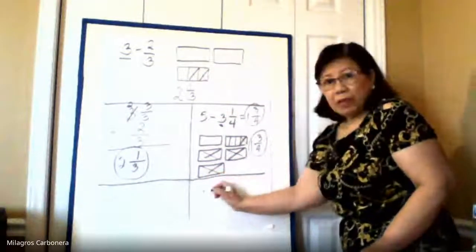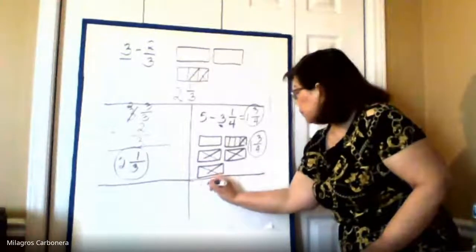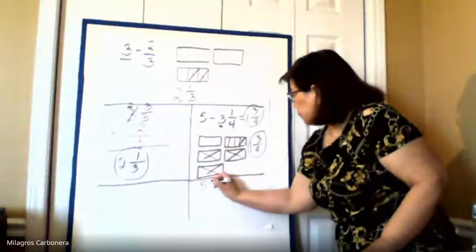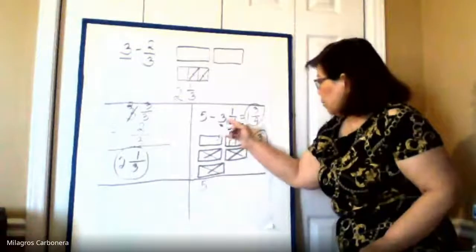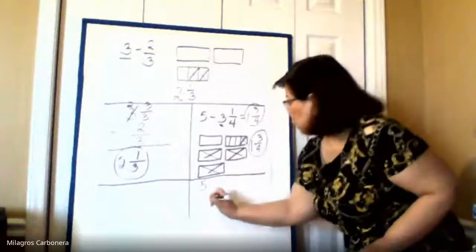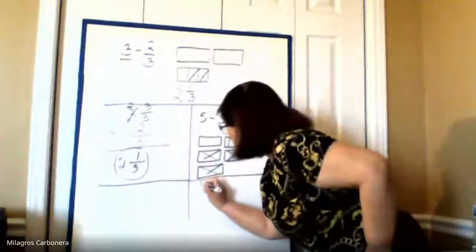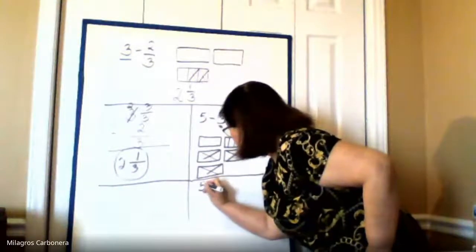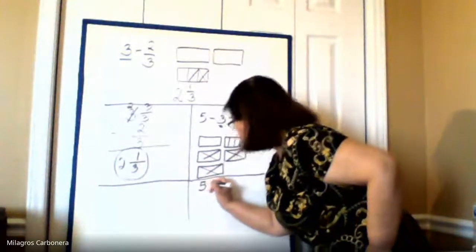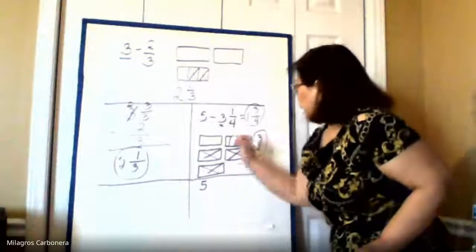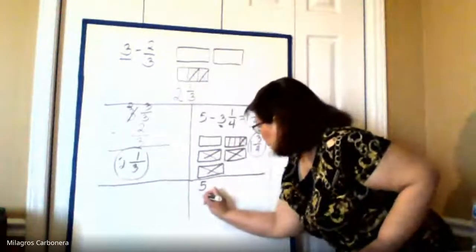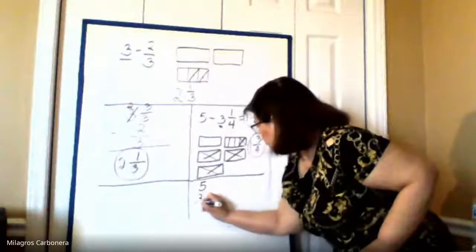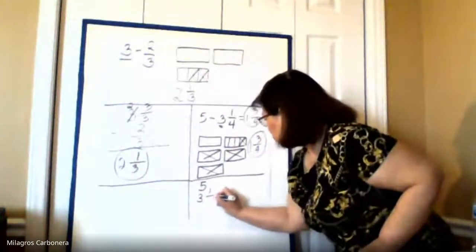So I'm going to write my 5 here. I will make my 5 bolder so it could be seen, okay? And then I'm going to write my 3 under 5 because it is a whole number. And I'm going to write my 1/4 here.